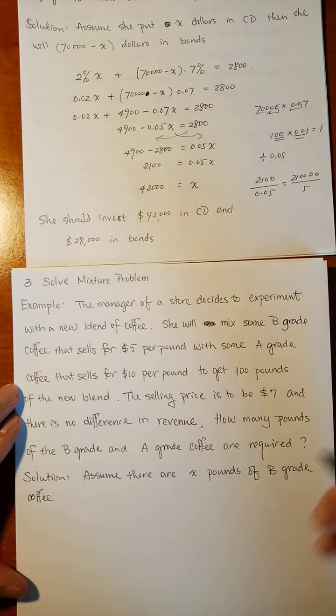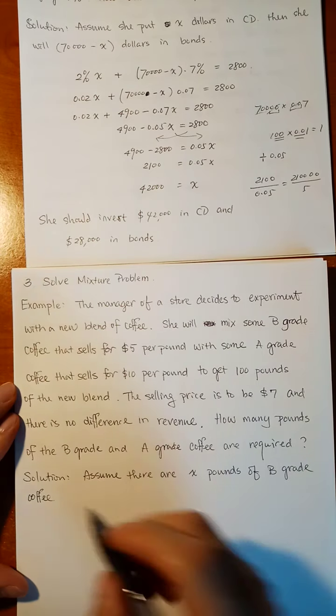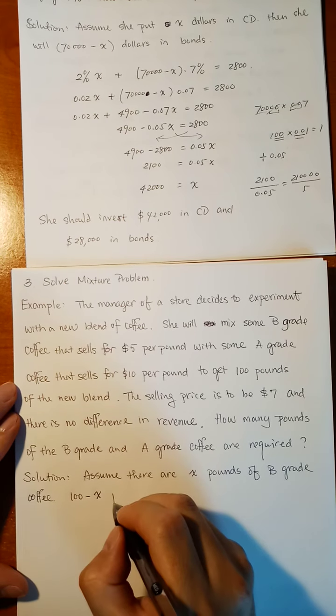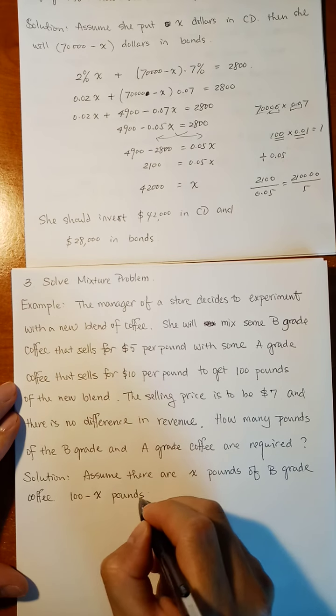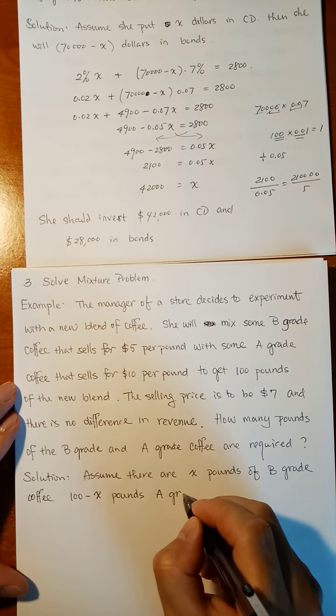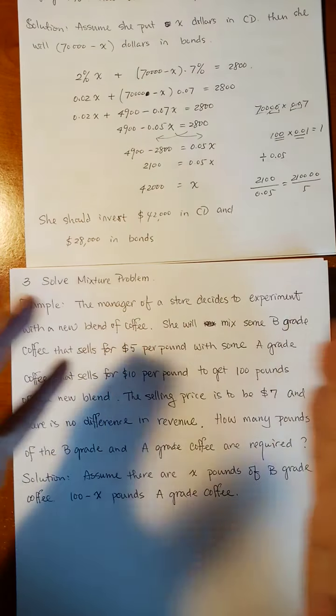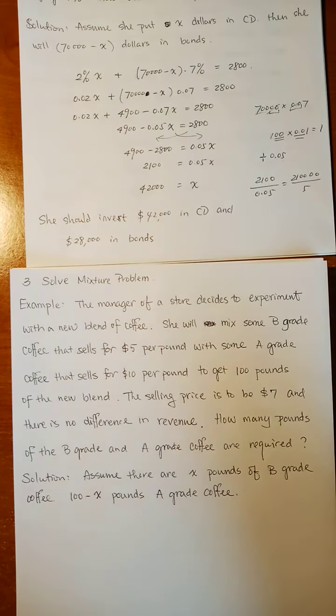Then how many pounds of A grade coffee? 100 minus X pounds of A grade coffee. Because when you mix them, you do not lose anything. The total is 100, so the sum of them should be 100. One is X, the other will be 100 minus X.